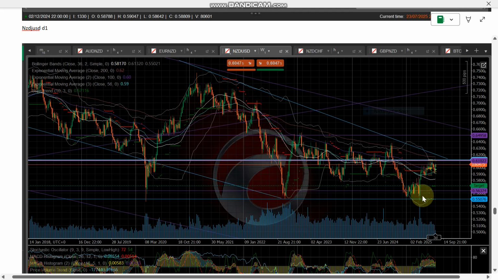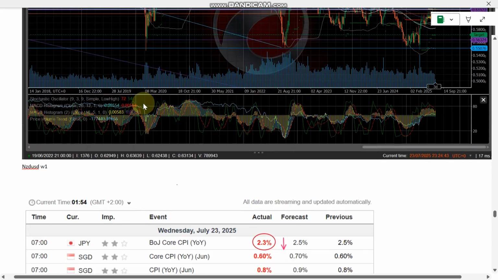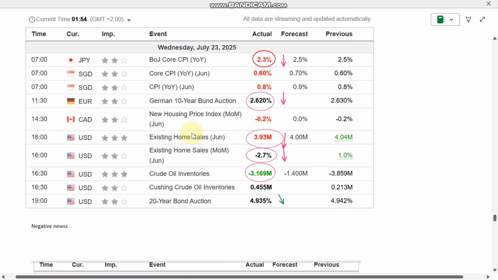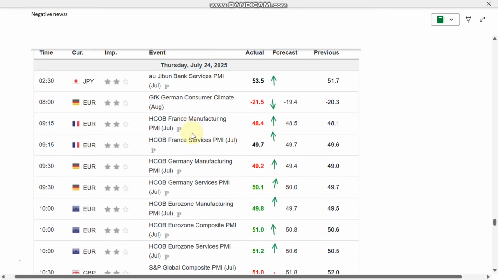That's third time in a row. So buyers, are they coming back? That's the question. This is the midline of the monthly, still holds. Price is going down still for weekly. Wednesday, July 21st news event.